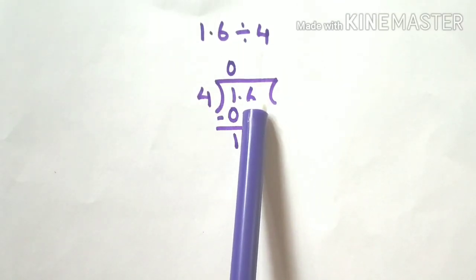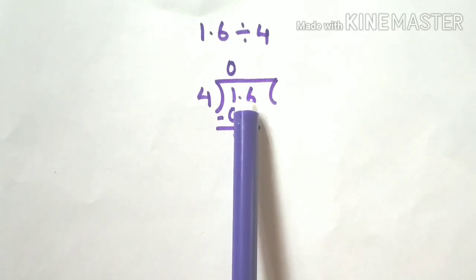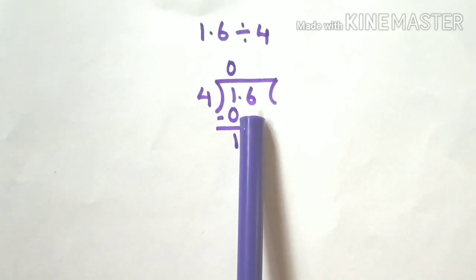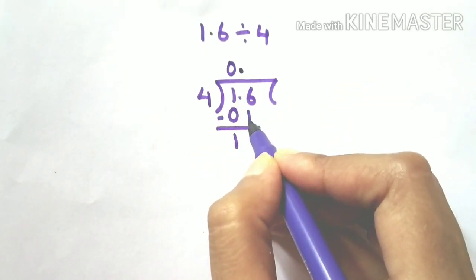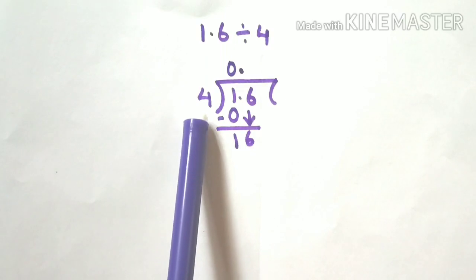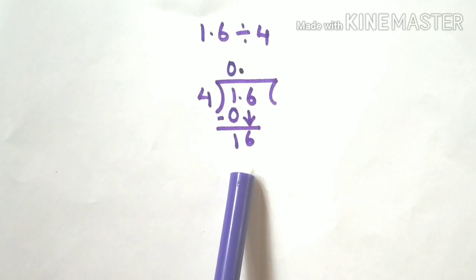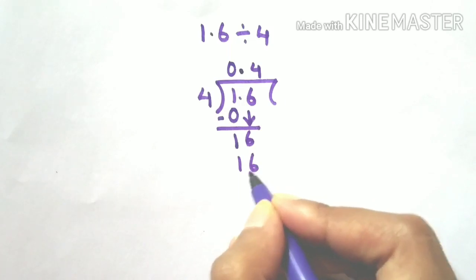So, we have to bring down 6. But there is a point before 6. So we have to shift this point to the quotient. So before bringing down 6, we will shift this point to the quotient and 6 will come down as it is. Now we have to divide 16 by 4. 4 multiplied by which number is equal to or nearest to 16? 4 multiplied by 4 is equal to 16.